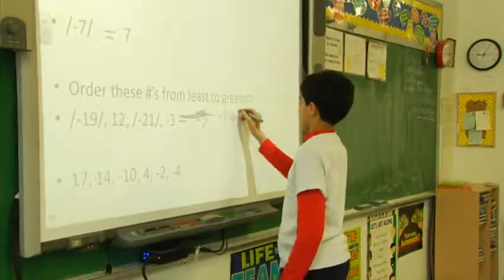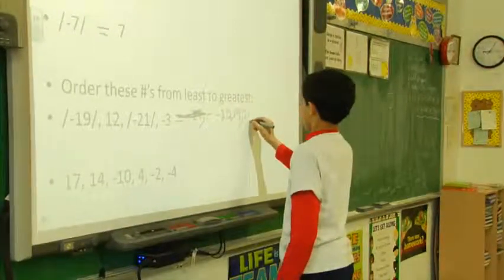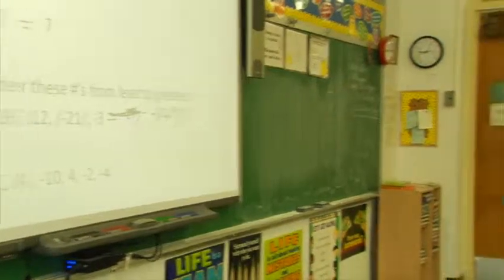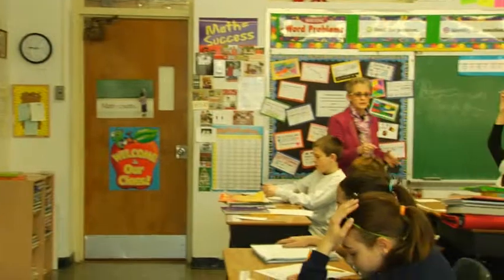So you have to be thinking about this because you have lots to look at, Will. We're looking at positive, negative signs. We're also looking at absolute value. So we have lots to look at. Mercedes.